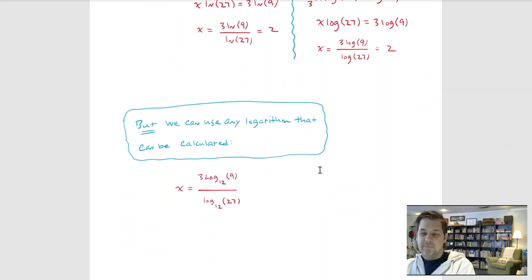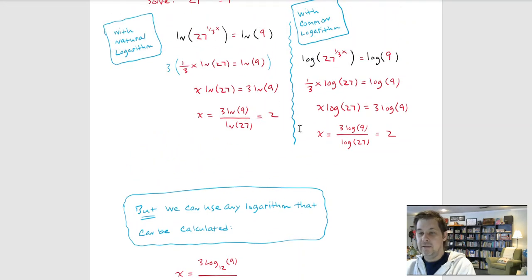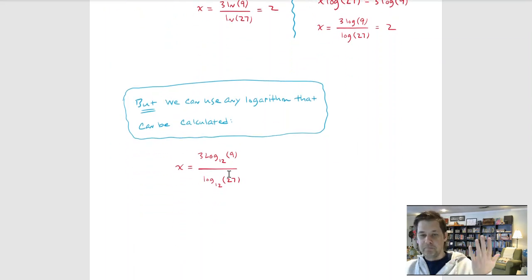But you might have a calculator that will calculate a logarithm of any base. This calculator here just does base 10 and base e, common and natural logarithms. But you see the pattern here? This is how the answer ends up, no matter what, with the logarithms. So say you use logarithm base 12. Would that make a difference?